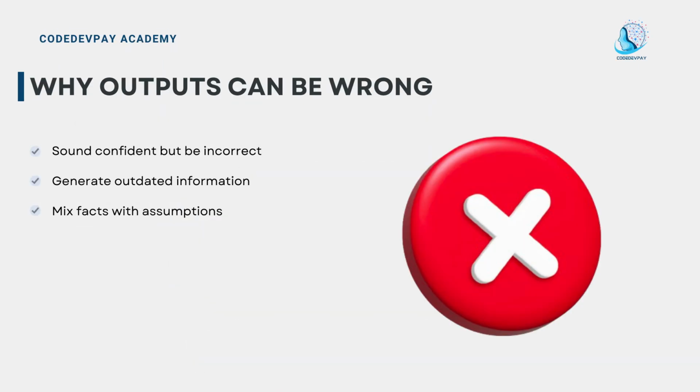Can an output from AI be wrong? Yes. This is because AI can generate outdated information, based on the data that the AI was trained on. It can sound confident but be incorrect. You understand? And it can mix facts with assumptions.